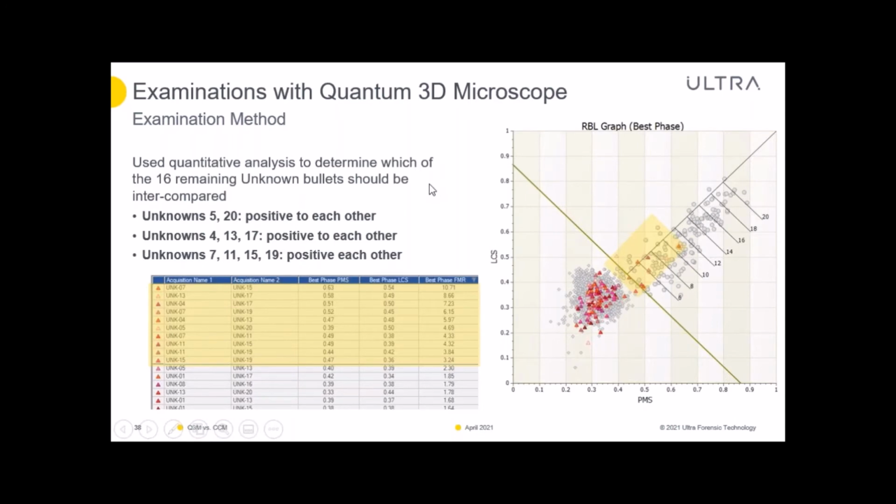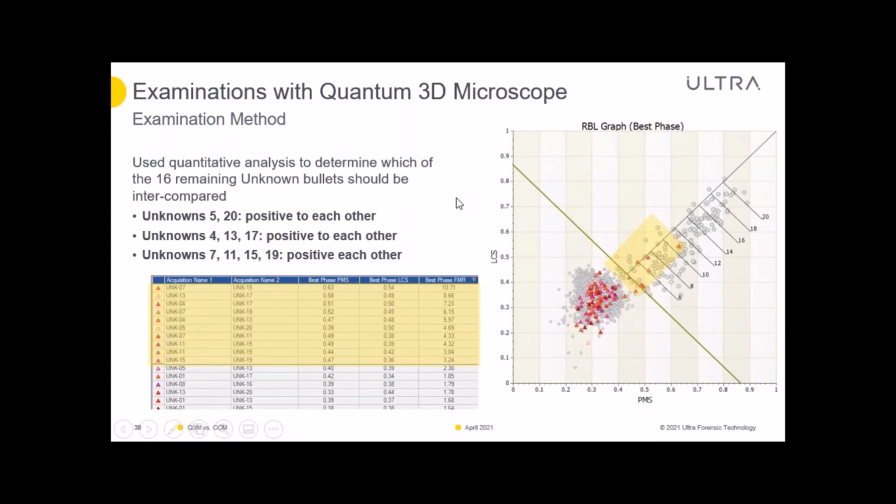Then I used the quantitative analysis to determine which of the 16 remaining unknown bullets should be intercompared. I was able to positively identify unknowns 5 and 20 as having been fired from the same source.